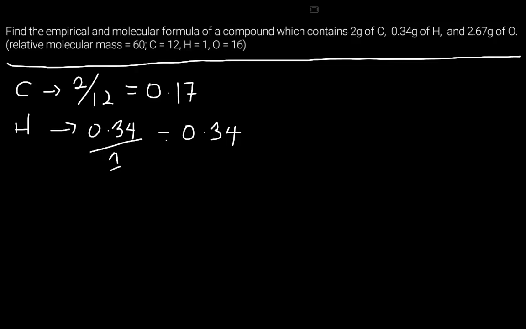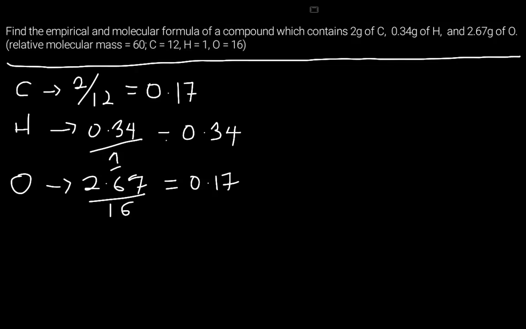And then for oxygen we'll divide 2.67 by the mass of oxygen, 16, and then we're going to get 0.17.